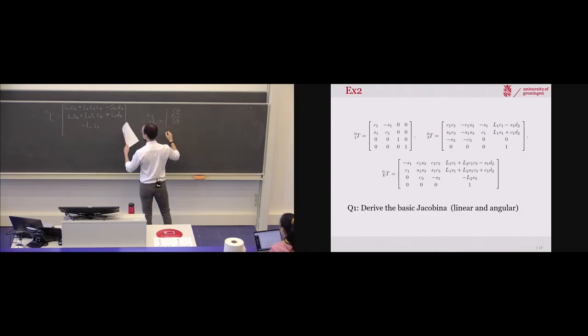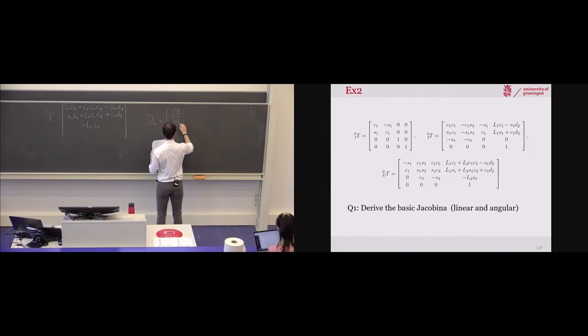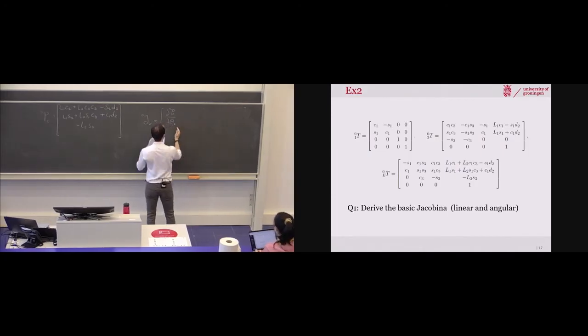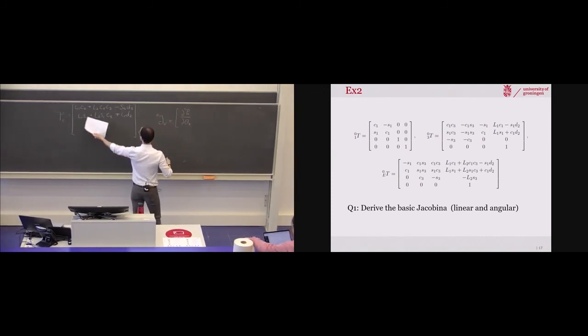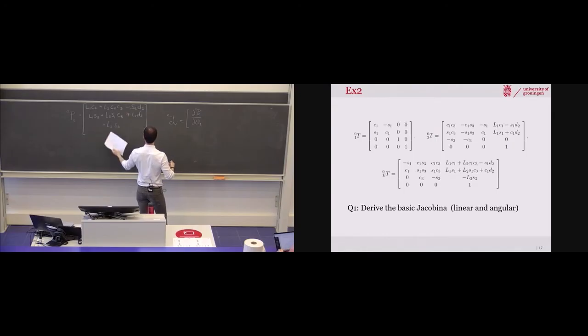This one will be a 3×1 vector because you have 3 elements. So you derive the first one, the second, the third obviously is 0 because there is no theta 1.